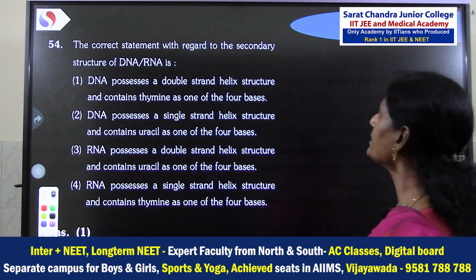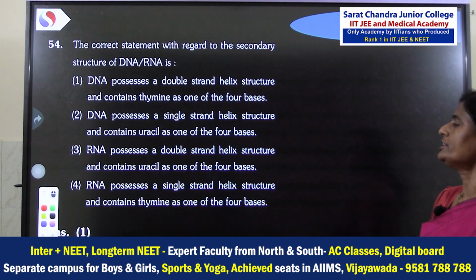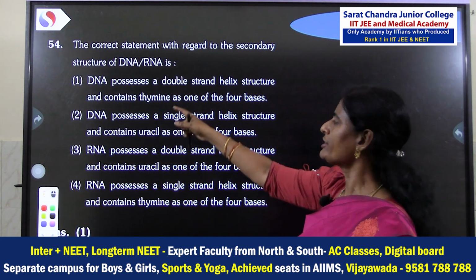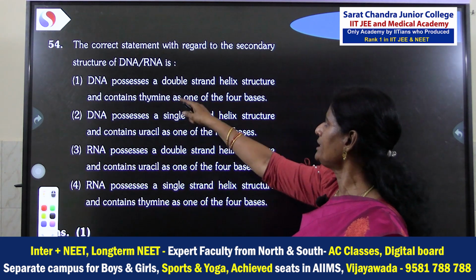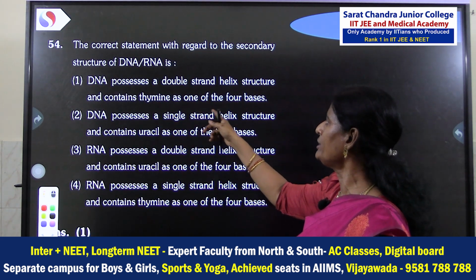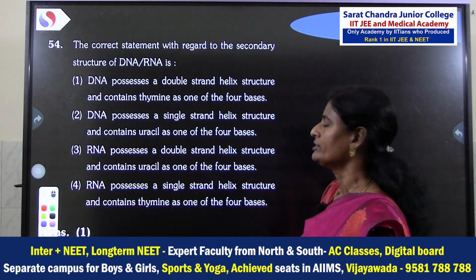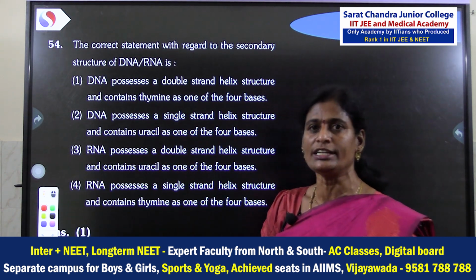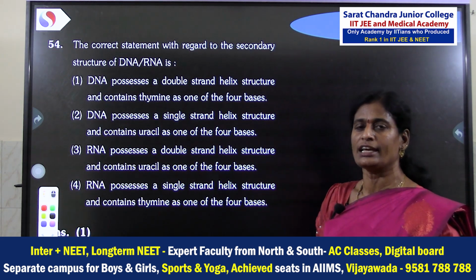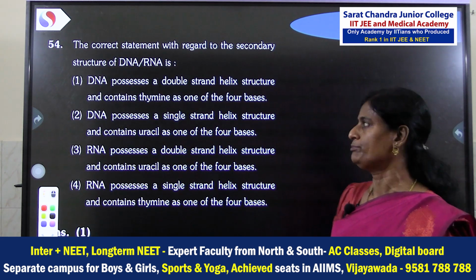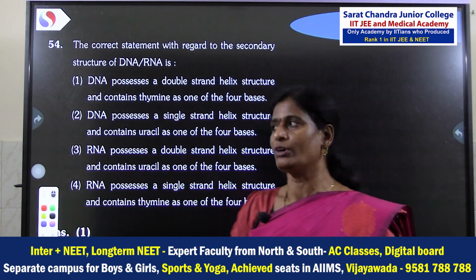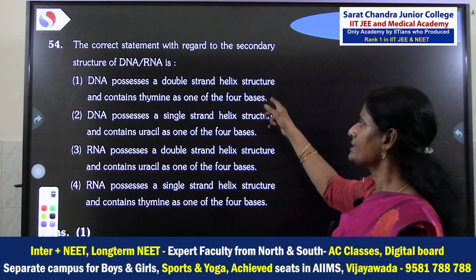Next, the correct statement with regard to the secondary structure of DNA or RNA. The first option is that DNA possesses a double strand helix structure and contains thymine as one of the 4 bases. DNA is a double stranded helix structure containing purine bases adenine and guanine, and pyrimidine bases thymine and cytosine.